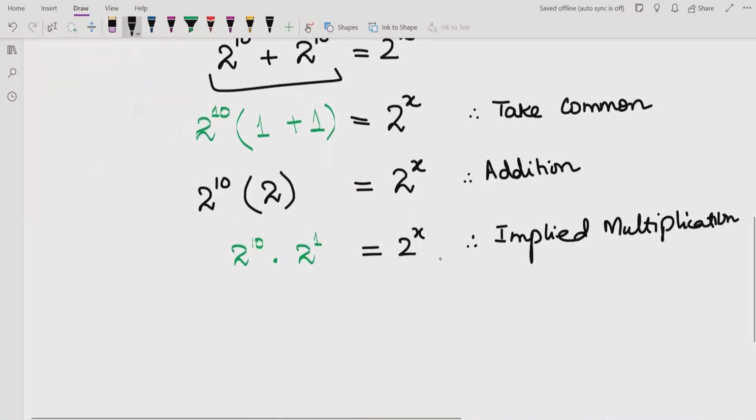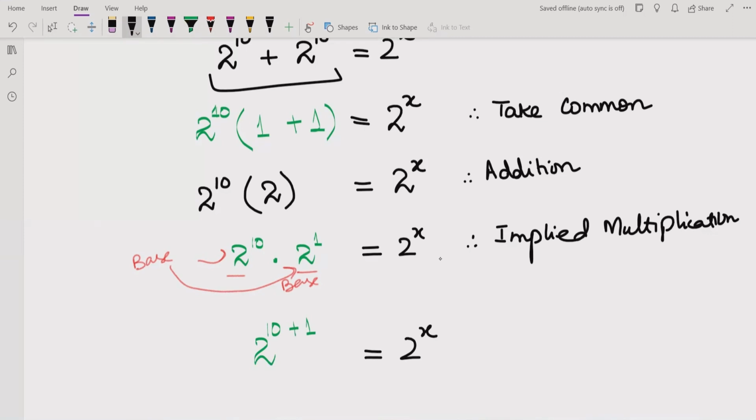Now, according to the rule, the base is the same: this base and this base are the same, and the base here is 2. This one is a base, and this one is also a base. So the base is the same, and for the power we can apply here 2 raised to power 10 plus 1. We can say a raised to power m times a raised to power n equals a raised to power m plus n.